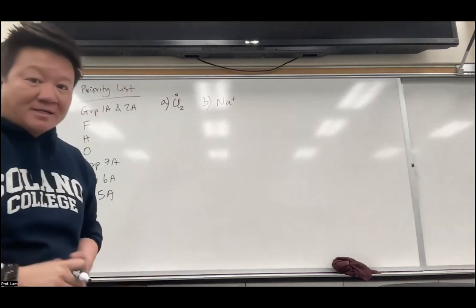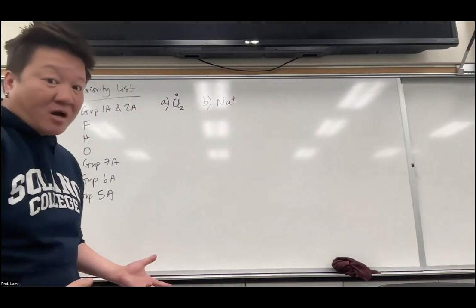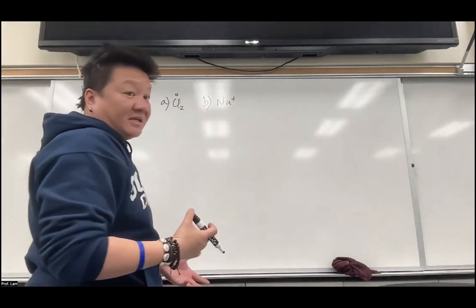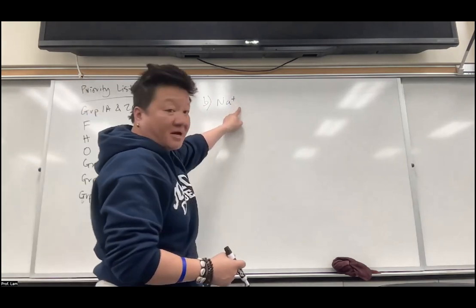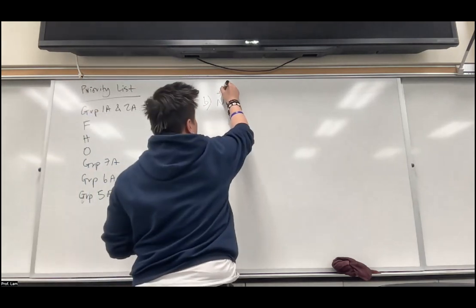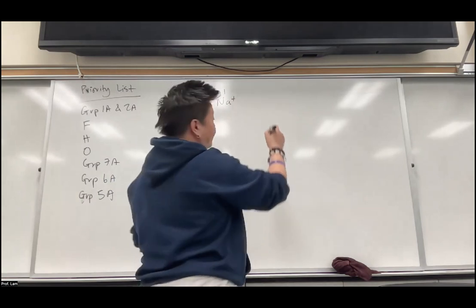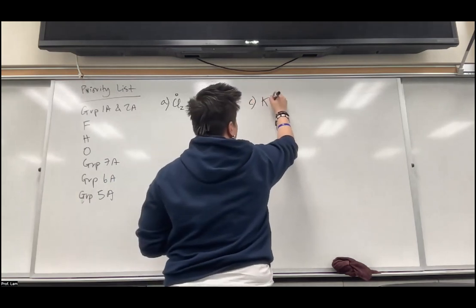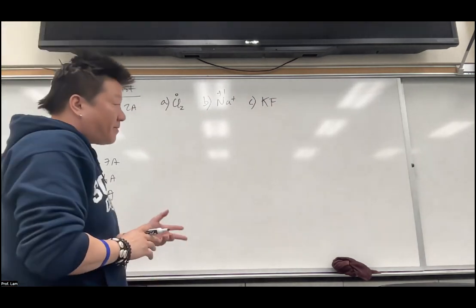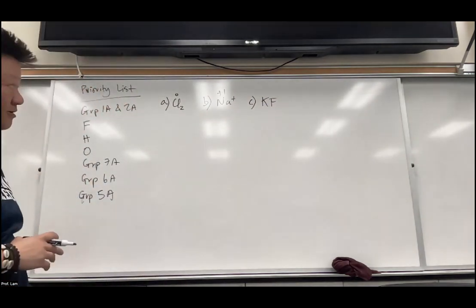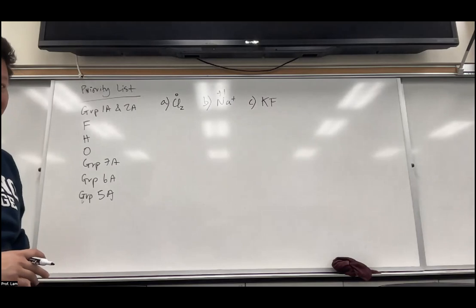How about Na+? This is the rule: if it's a monatomic ion, it's going to have the same oxidation state as the charge. The charge is 1 plus, so it's going to get a +1. KF. Now, when you have multiple atoms in the compound, you can use your priority list. Which one would you assign first?